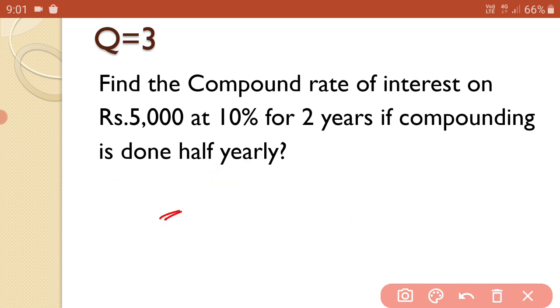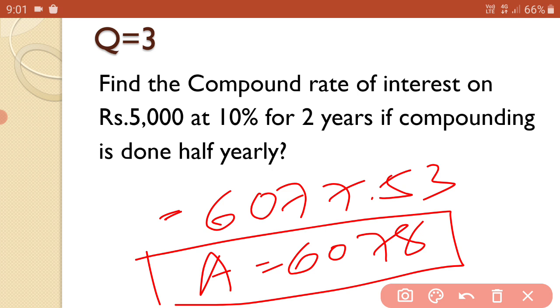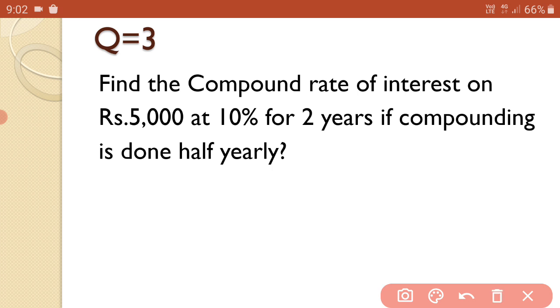So you finally get the answer 6077.53. So your A is equal to 6078. Done.